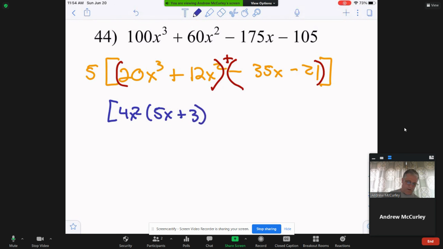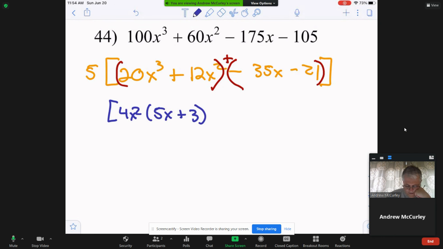Now I got to factor out, what am I going to factor out here? This does not work. Did I do that right? Well, this one doesn't appear to factor. 20, 12, 60, x squared plus 35.